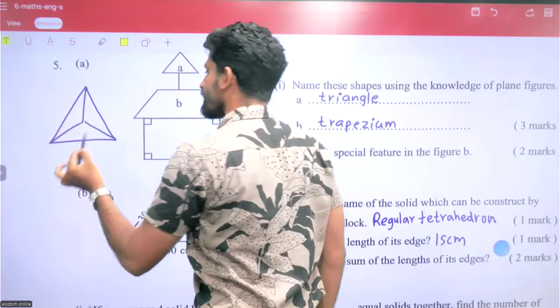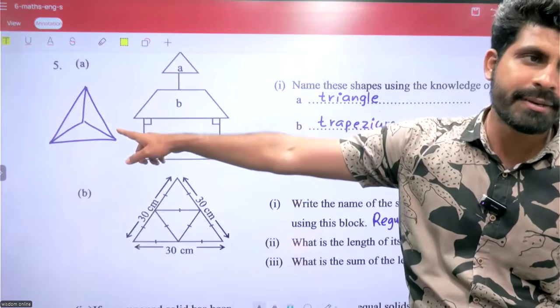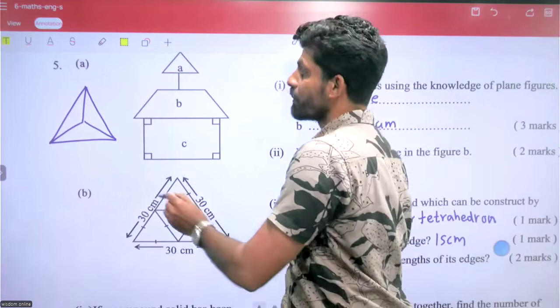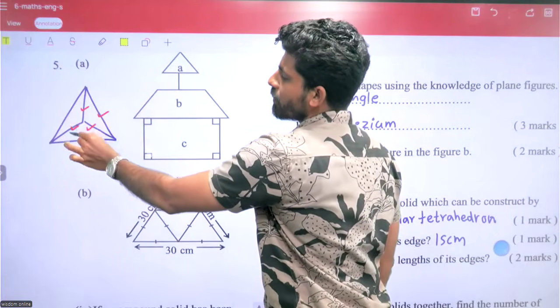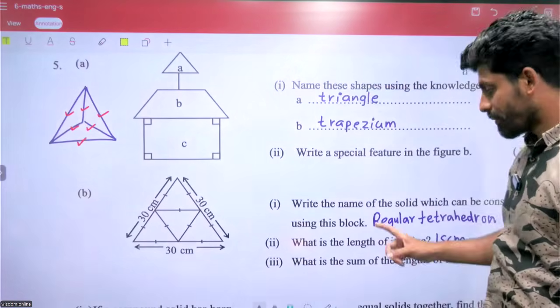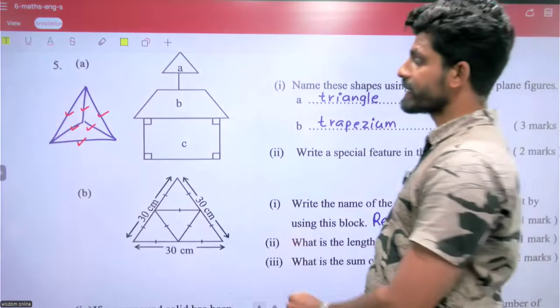This is the shape. How many edges are there for a regular tetrahedron? Just quickly count down with me. 1, 2, 3, 4, 5, 6. There are 6 edges. One edge equals to 15 centimeter.